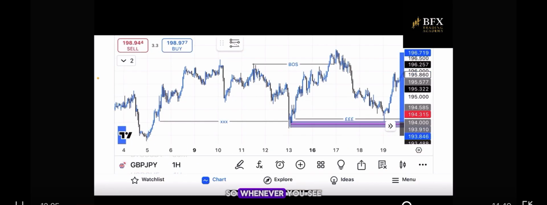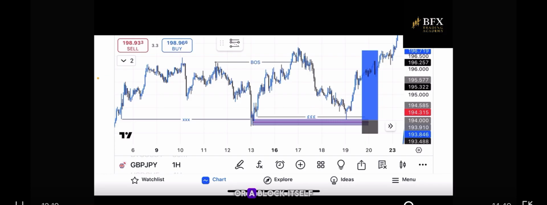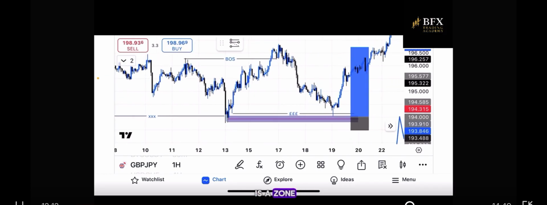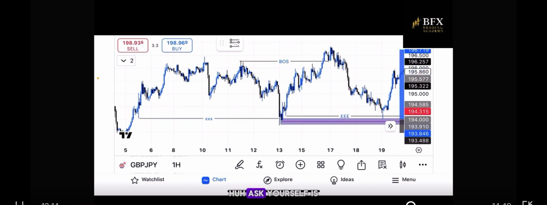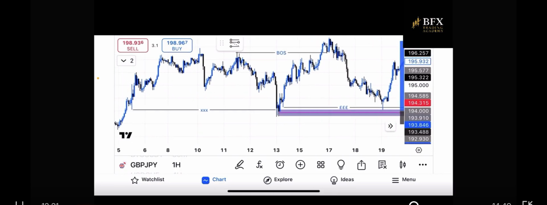So whenever you see a support or resistance, or a block itself, it's a zone. Ask yourself, is this an inducement? Okay, is this an inducement?